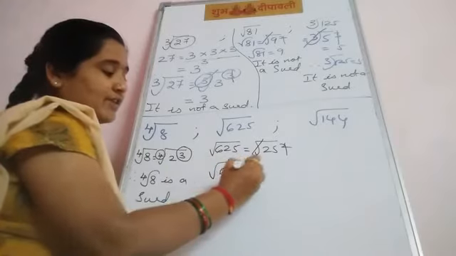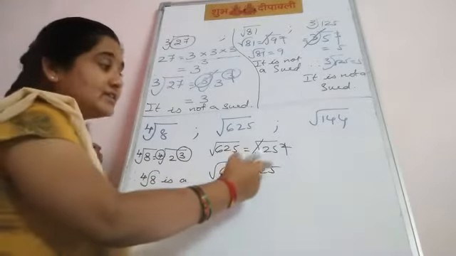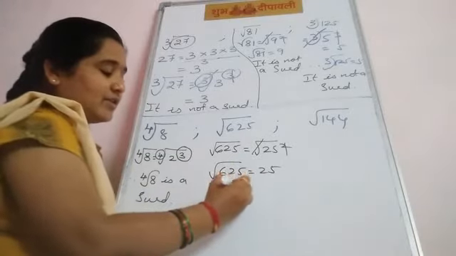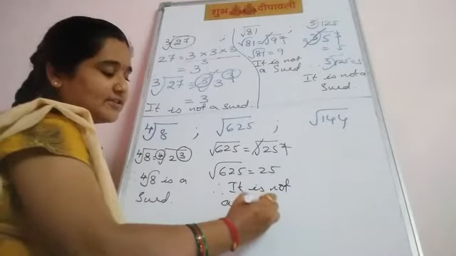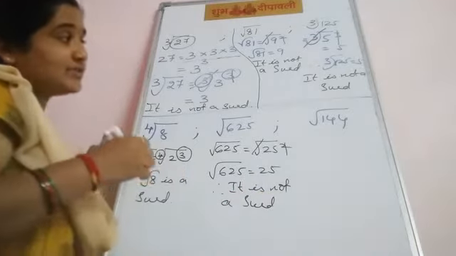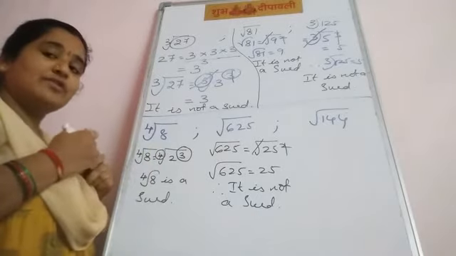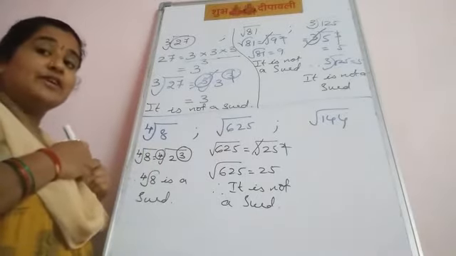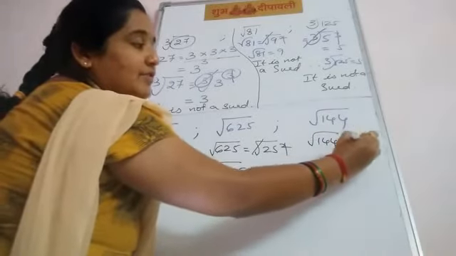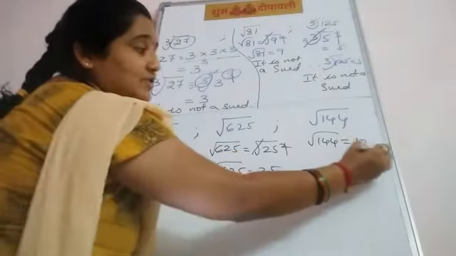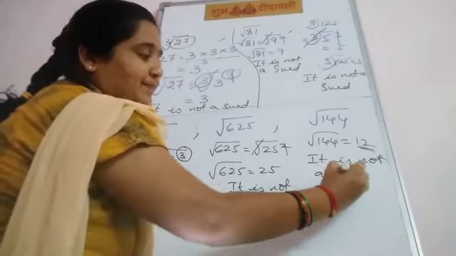Square root of 625 is 25. Therefore, it is not a surd. Okay? Now, next question. Square root of 144. You know, square root of 144 is 12 square, that means 12. I will write directly: square root of 144 equals 12. So it is also not a surd. Okay?